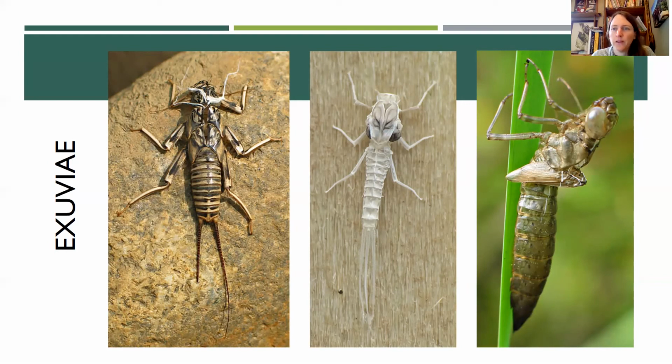Usually you can see where they've cracked open the back and crawled out, leaving these behind on rocks or on plant pieces. And we have a stonefly, a mayfly, and an odonata zygopter, an anisoptera. I think, which one is that? It's hard to see. Yeah, that's an anisoptera, so a dragonfly.